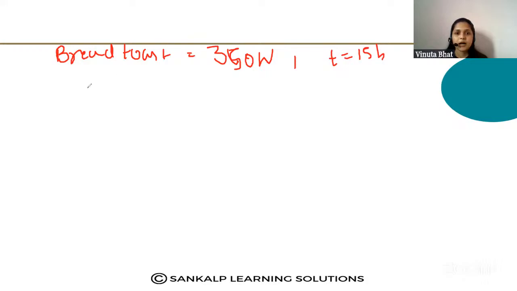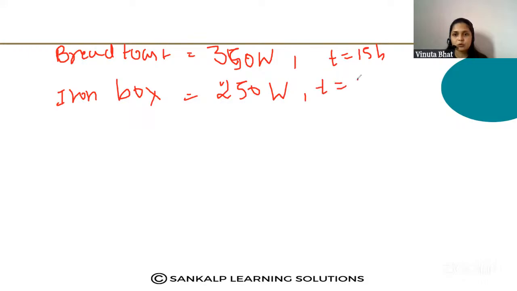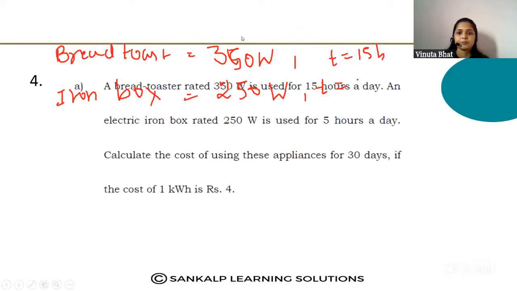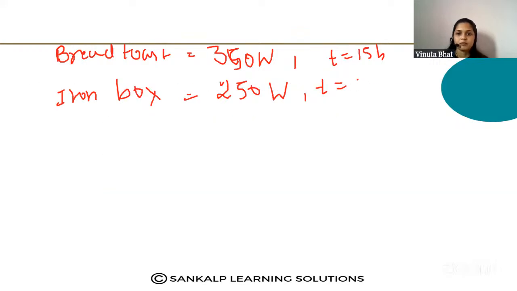Then iron box having 250 watt power, and its used time is how many hours? 5 hours. This is the given data.